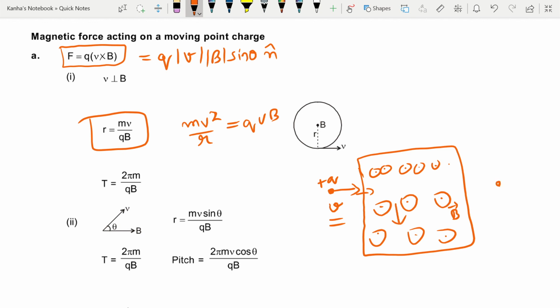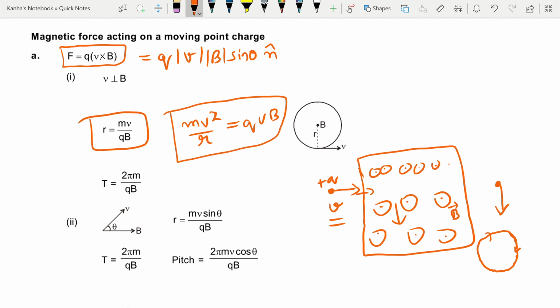So my plus q charge, when it's inside, will experience a force in this direction, and then it will start to bend on its trajectory, and the direction of the force will continue to be central. So this will continue and you will form a complete circle.